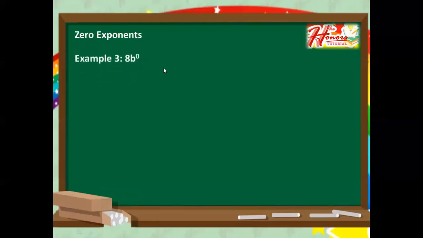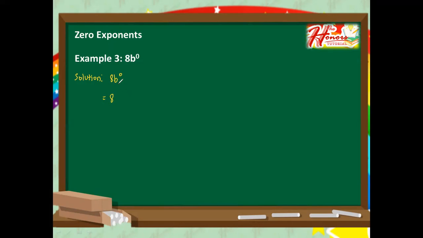We have here example 3 stating 8b raised to 0. So this will be our solution. Write the word solution here and then copy the given, which is 8b raised to 0. I want you to copy 8 because 8 is not raised to 0. So it is not automatic here that the answer is 1.